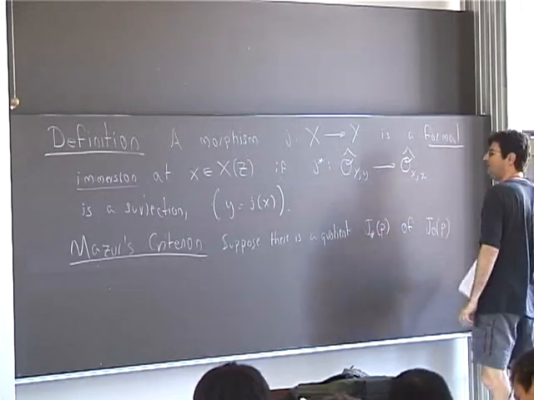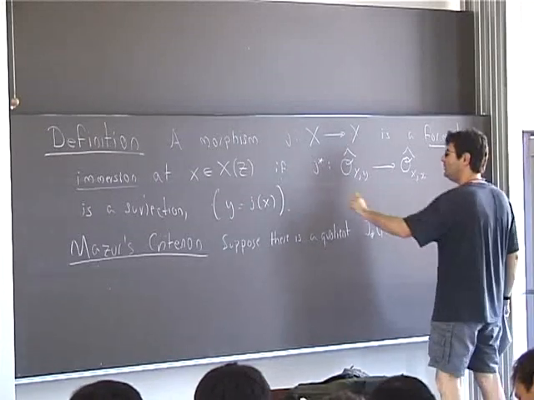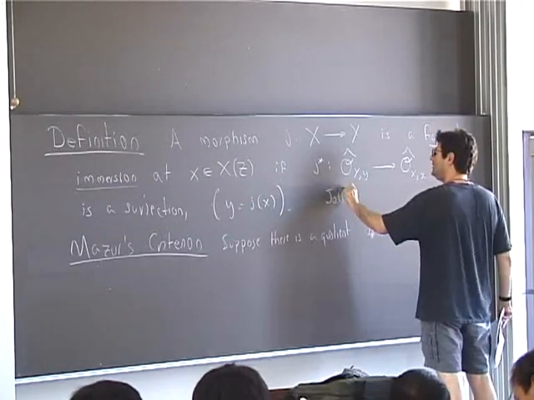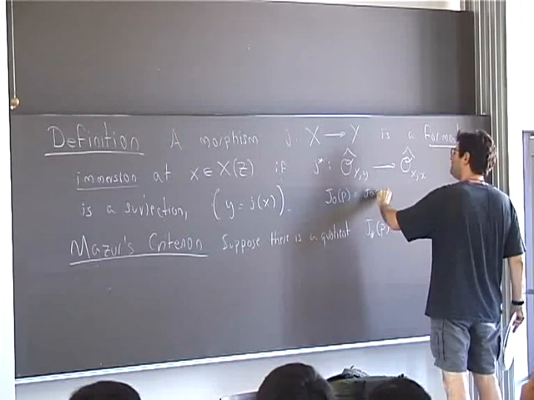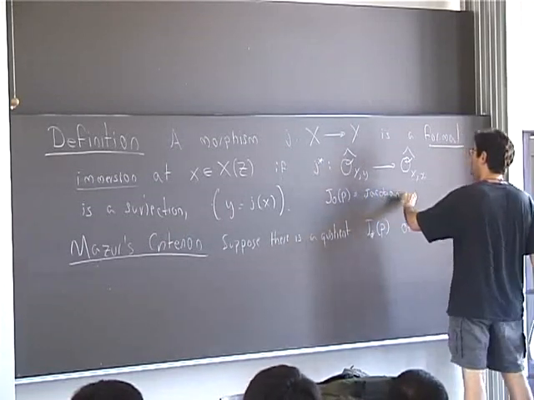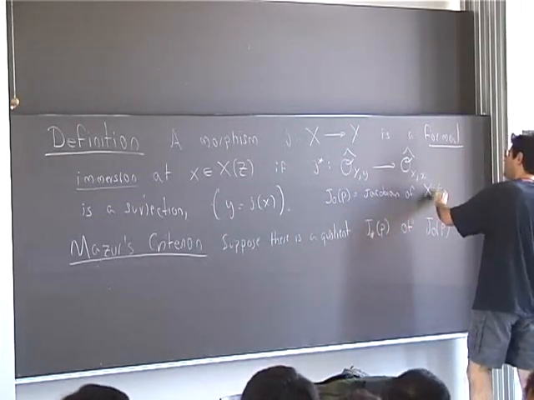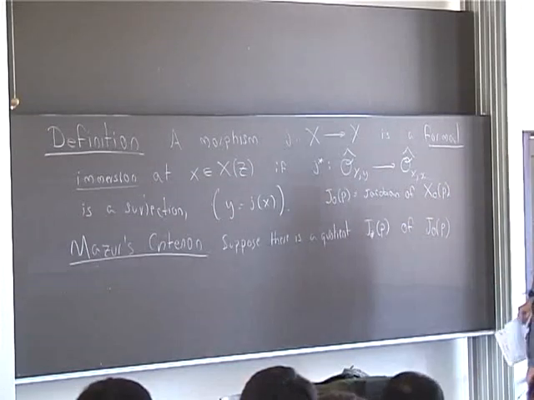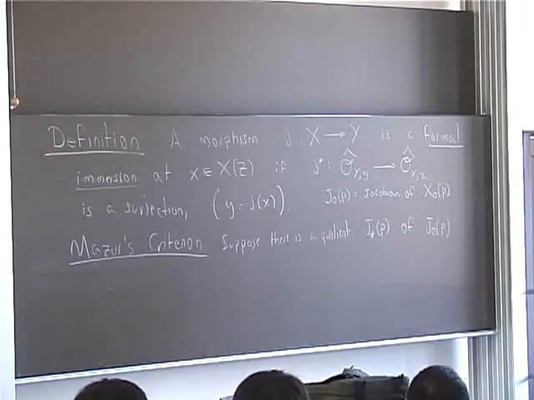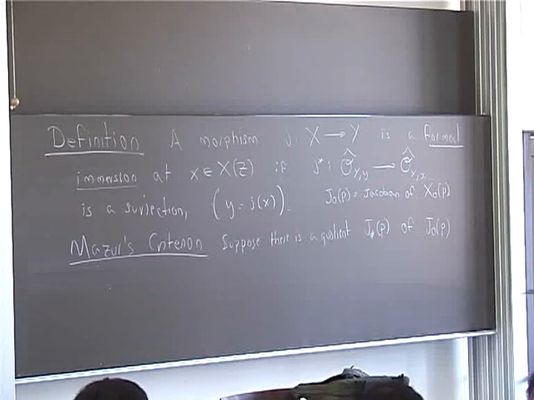The criterion is going to be based on the Jacobian. So J naught of p here is just the Jacobian of the modular curve X naught of p, this completed modular curve. So the criterion is going to be phrased in terms of a certain property of this Jacobian.